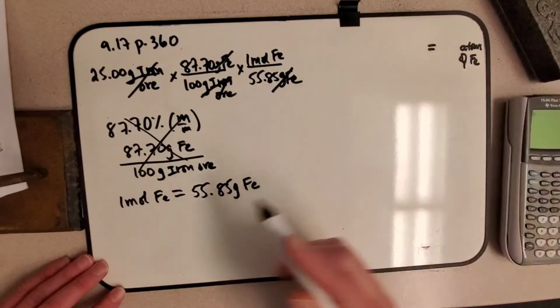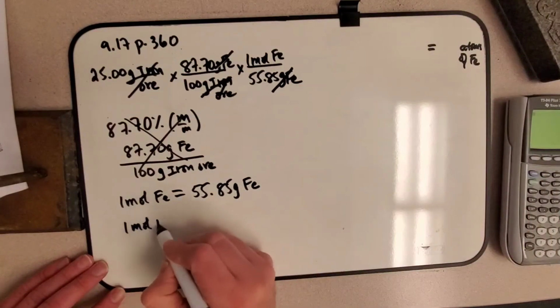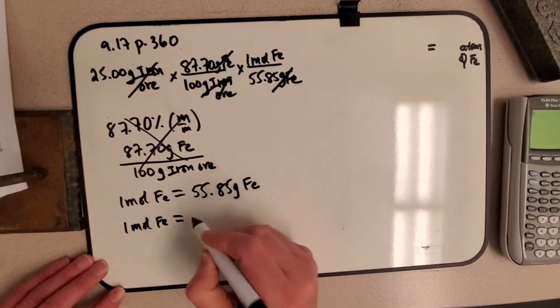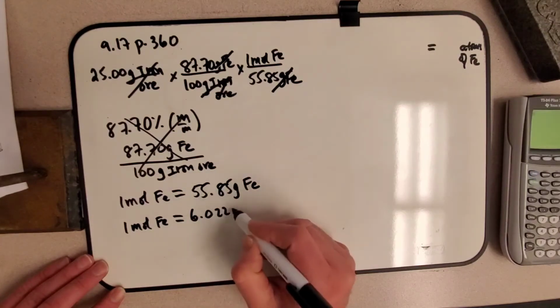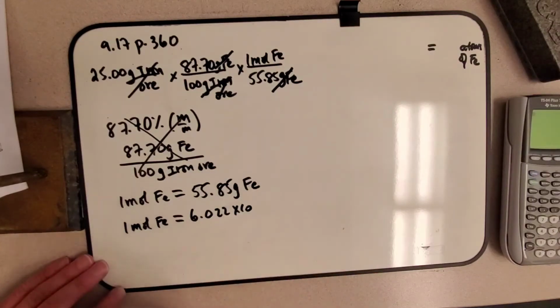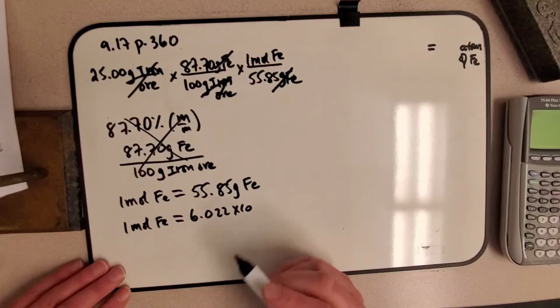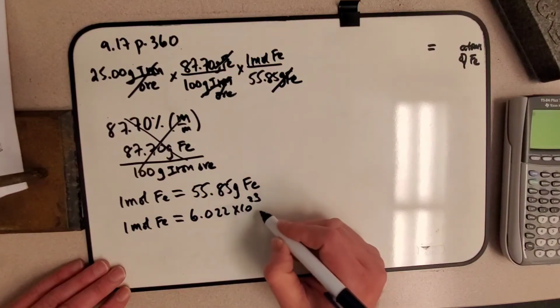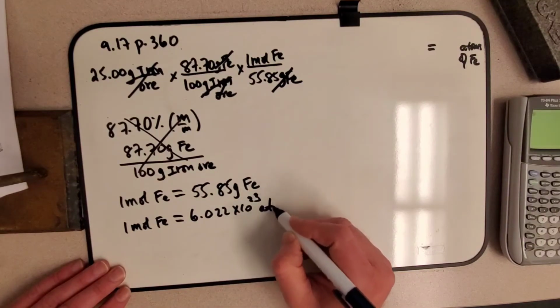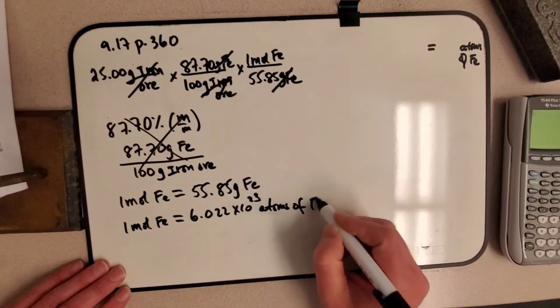And to get the atoms, 1 mole of iron represents not only the mass, but also the number of atoms of iron contained in this 1 mole, which has a mass of 55.85 grams: 6.022 times 10 to the 23 atoms of iron.